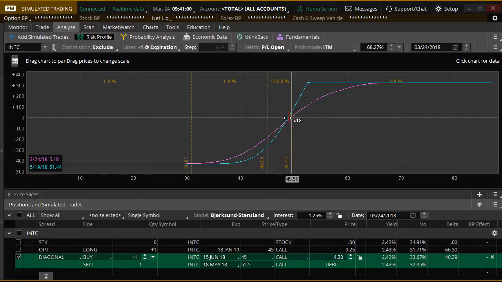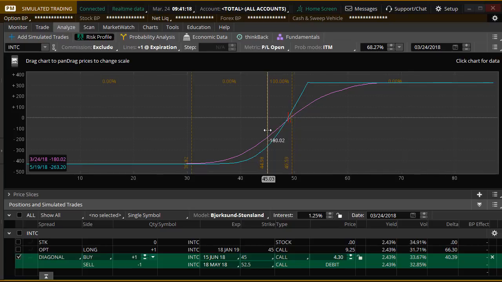So right here, it's at 50. Now watch the purple line, the purple number over there in the left corner. If it moves down to 45, we're going to lose $180.